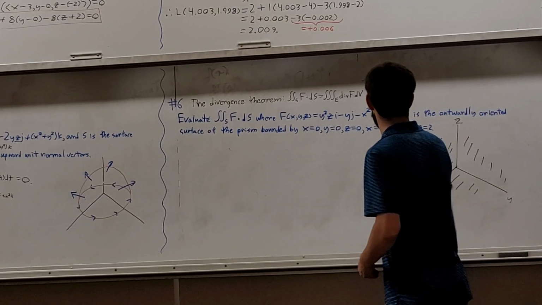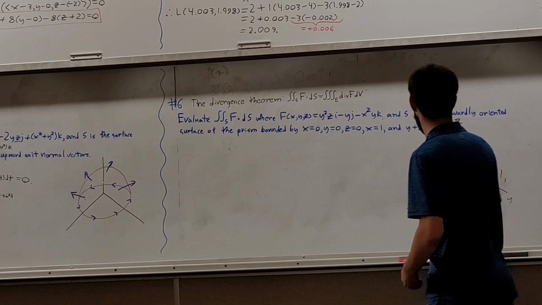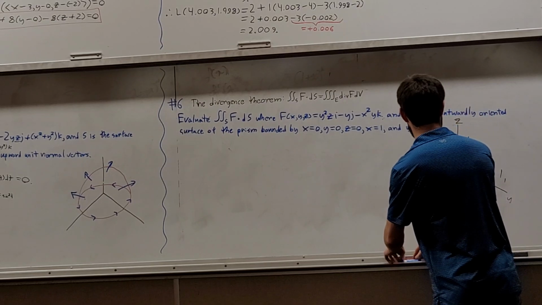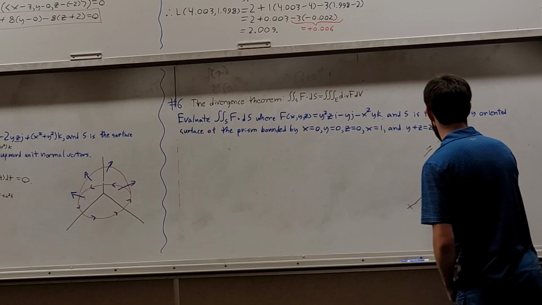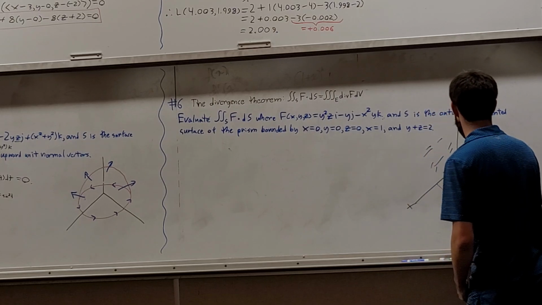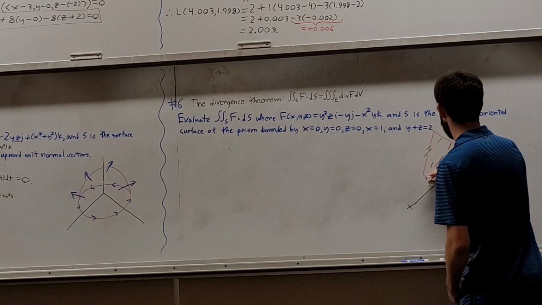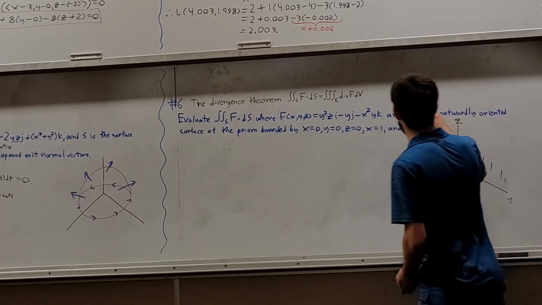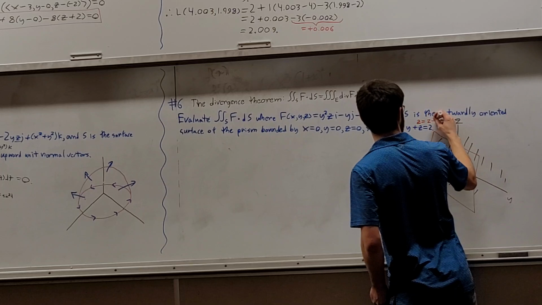And then we have x equals 1, a plane that's coming out a bit, which I'll do in a different color so it's more visible. Then we have y plus z equals 2, which you can rewrite as z equals 2 minus y.